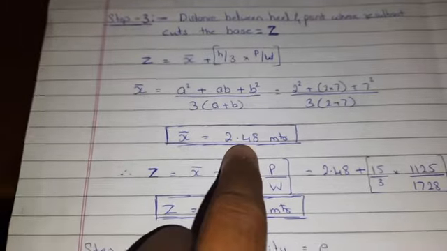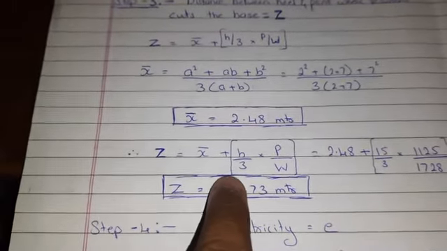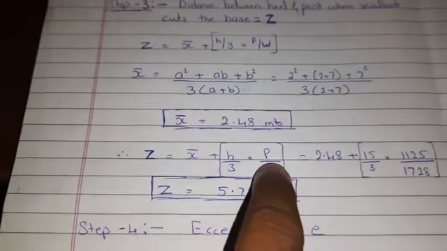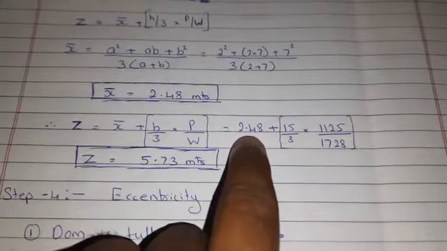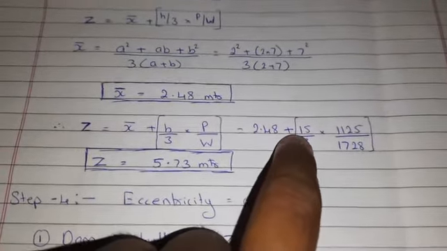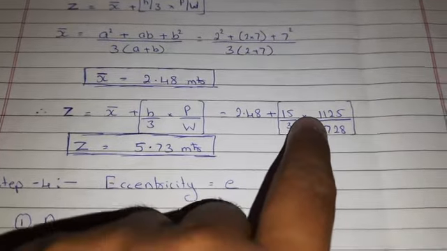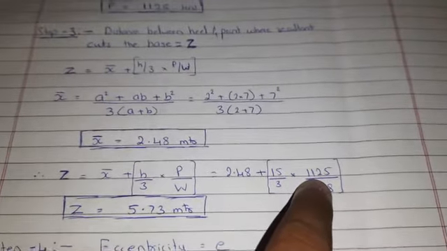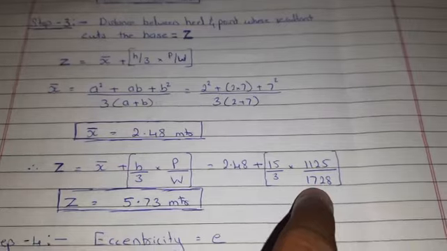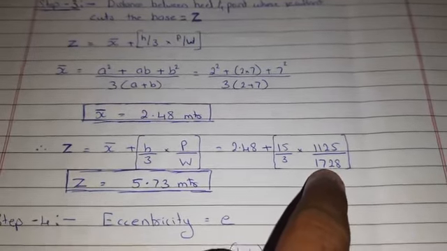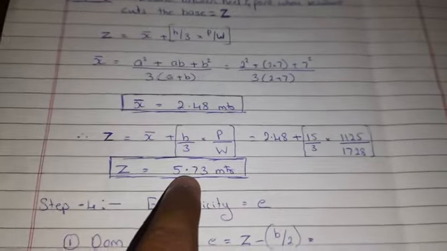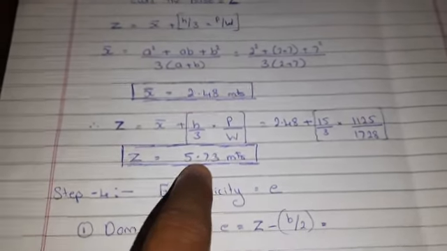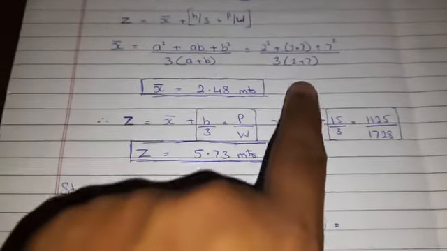Next, substituting this value of x bar in the equation for Z: x bar plus h by 3 into P by W. When we substitute x bar as 2.48, h as the height of water stored, that is 15 meter, divided by 3, into P, the total pressure, 1125, divided by the total self weight of the dam, that is 1728 kilonewton, we get the value of Z as 5.73 meters, which is less than the bottom width of the dam, that is 7 meter.